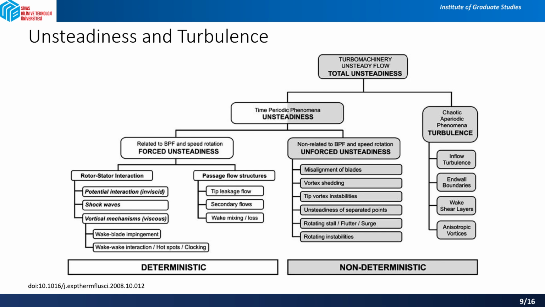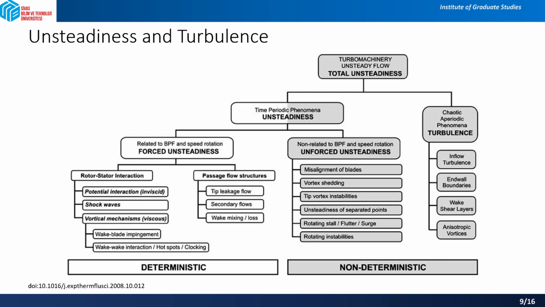But they said there will be interaction between some of these forced and unforced unsteadiness. So sometimes you could see some effects from forced unsteadiness inside unforced unsteadiness, and they cannot give a very clear distinction for each part.